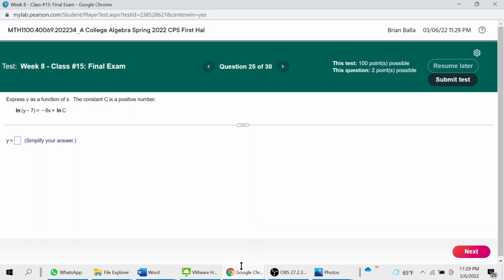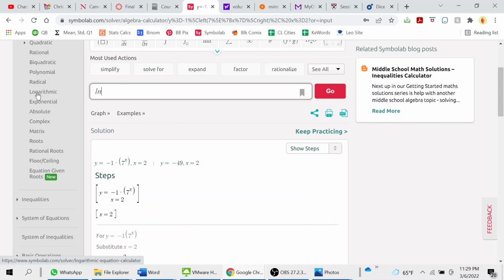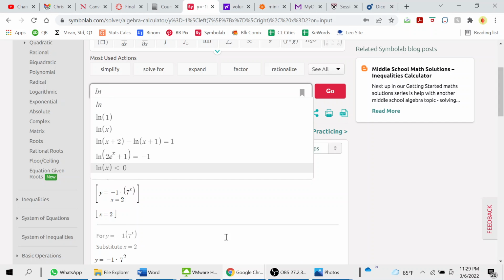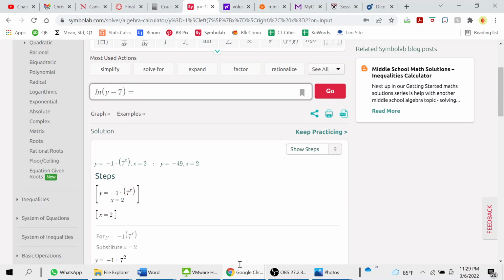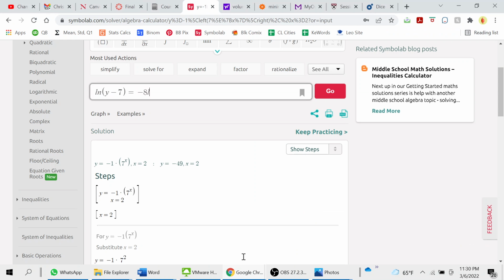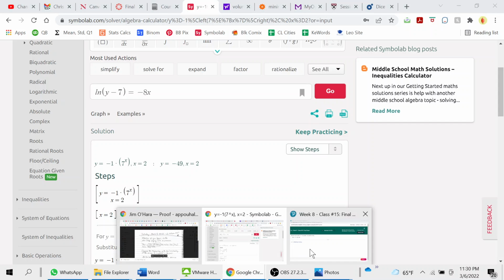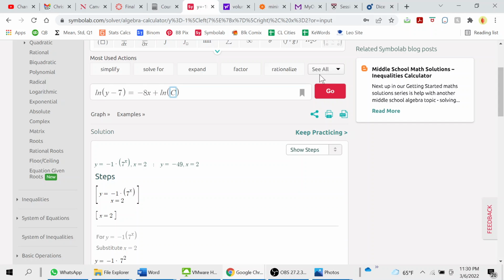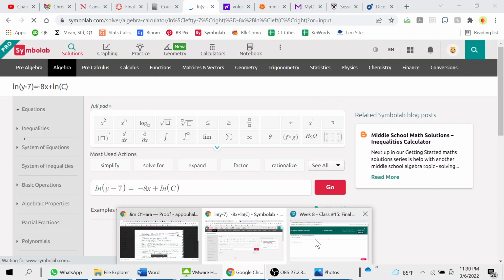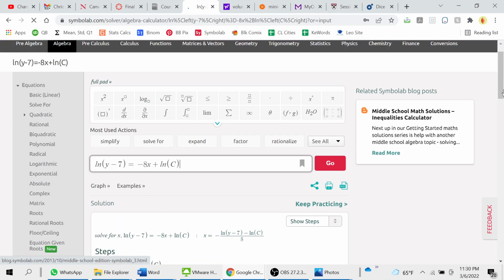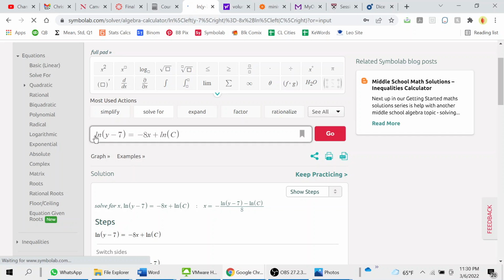Oh, finally something simple. Okay. ln(y minus 7) equals negative 8x plus lnC. Oh, hold on. I forgot to give it the proper command.